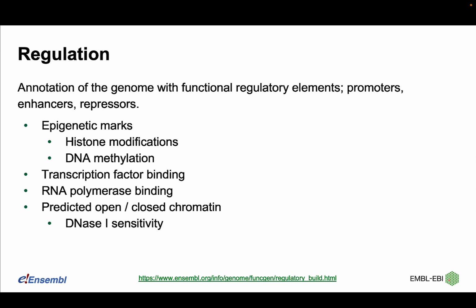And to annotate these regulatory elements, we look at specific data types like epigenetic marks, so histone modifications and DNA methylation. We look at transcription factor and RNA polymerase binding sites, or we look at open and closed chromatin conformations by looking at DNase 1 sensitivity.